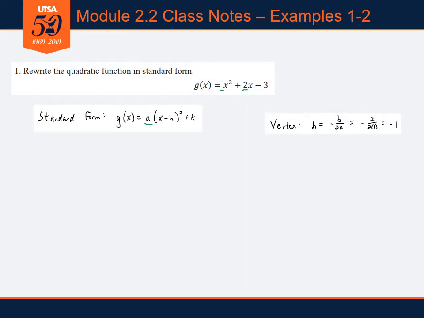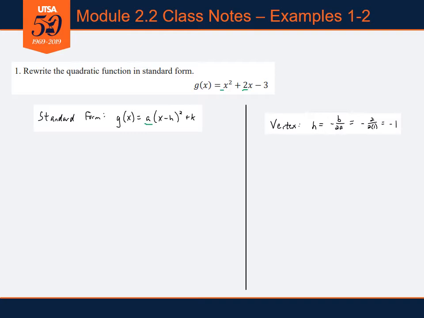Then we need to find k, the y value. We just found the x value of the vertex. We need to find the y value of the vertex. And we don't need a special or fancy formula for finding the y value of the vertex. We find the y value just like we do any other y value if we're given the x value.